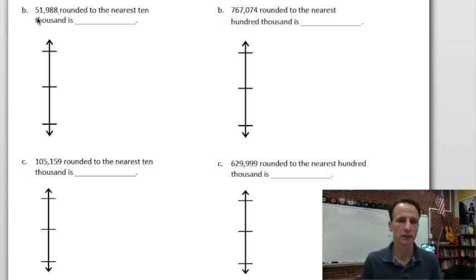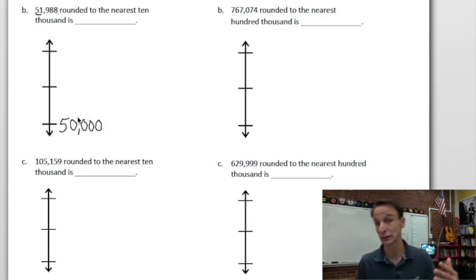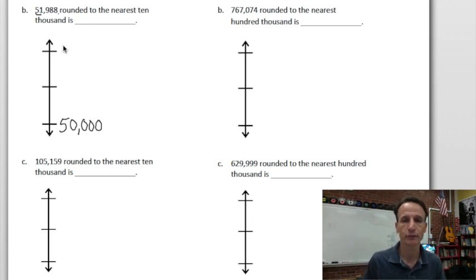Okay, well, we're rounding to nearest 10,000. What's in the 10,000 place? Yes, it's a 5, so 5 10,000s we'd write in standard form as 50,000. Now you see why we learned unit form and expanded form and standard form and all that. What's 10,000 more? That's right. From 50,000 would be 60,000. And what's our midpoint? Well, it would be the 5,000 in between the 10,000s. So 55,000 is our midpoint.